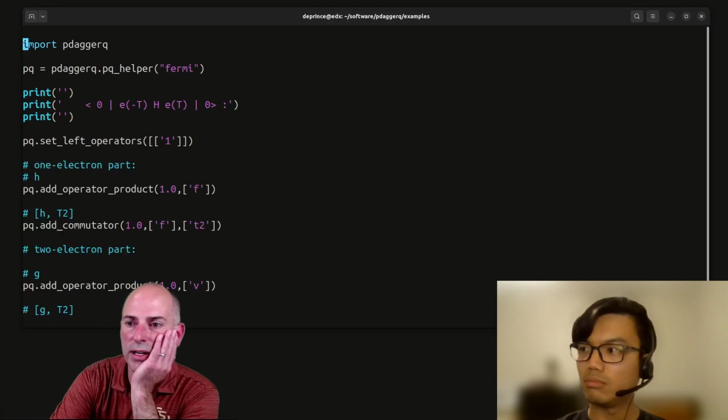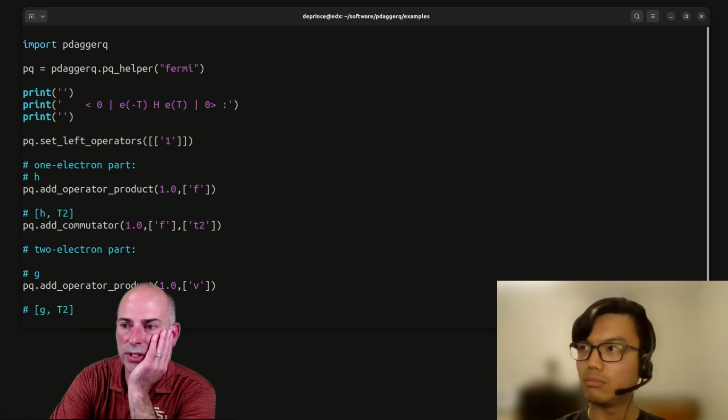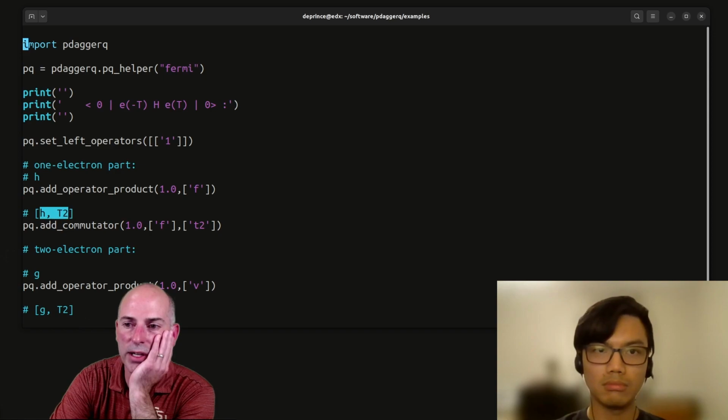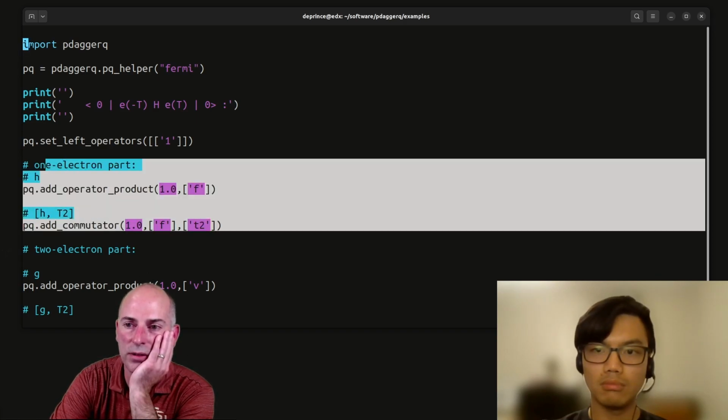So I have the 1 electron part, which is just this Fock operator. And then I have the 2 electron part, which involves a commutator of the Hamiltonian with T2, and the 1 electron part of that. So commutator F and T2, that's this add commutator function. And that's the entire part of the 1 electron part we need to worry about.